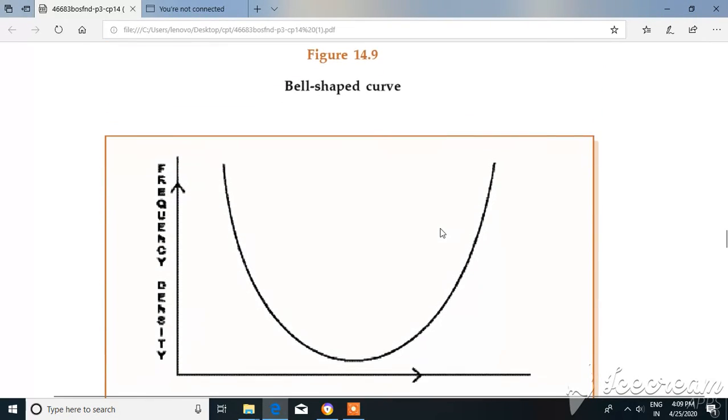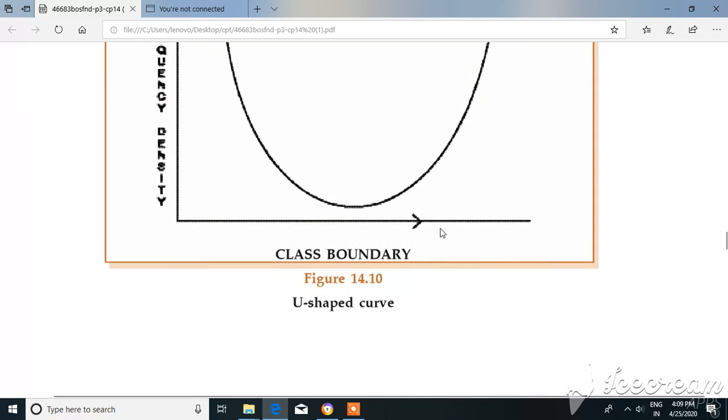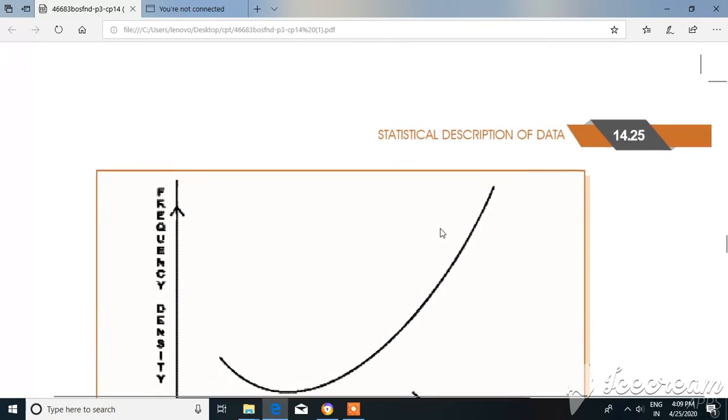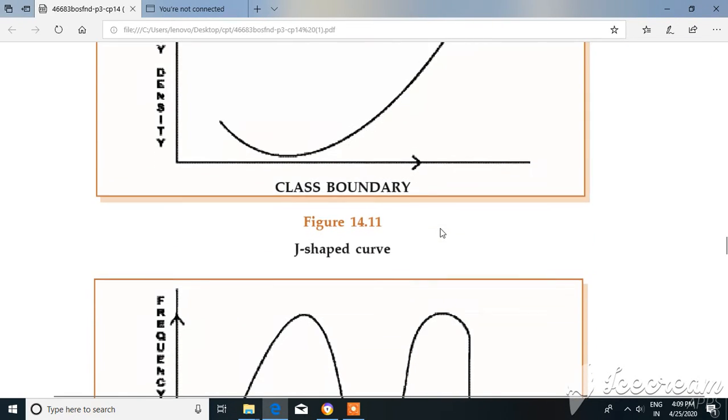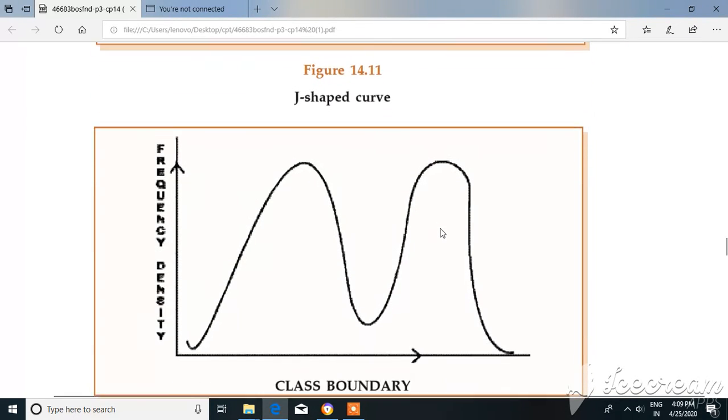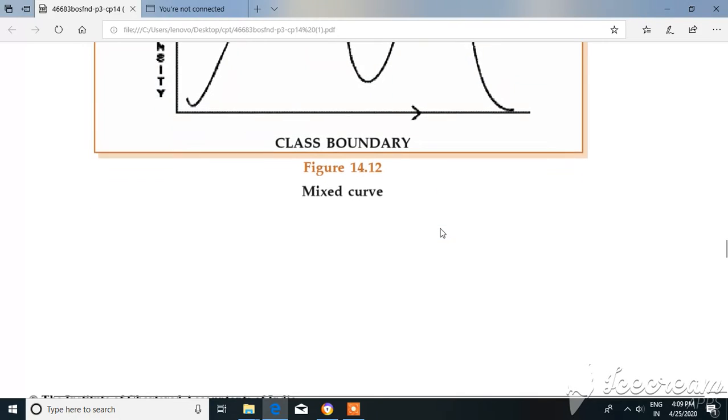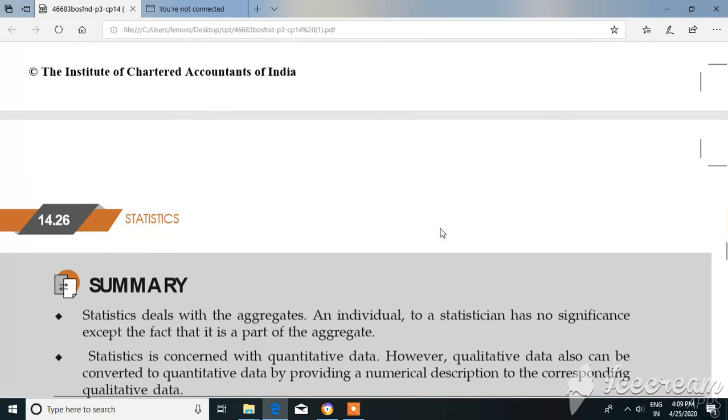Here again this is a U shaped curve, here it will be a J shaped curve, and here this will be any curve, which is called a mixed curve. We cannot say it is U, bell shape or J shape, so it is a mixture.